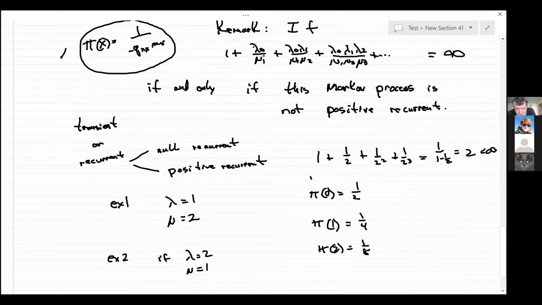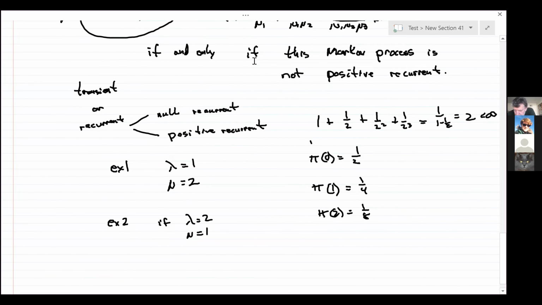The lambdas are 2s and the 1s are in the bottom, so you'd have something that looks like 1 plus 2 plus 2 squared plus 2 cubed, etc. And that goes off to infinity. So in that case, there is no stationary distribution.